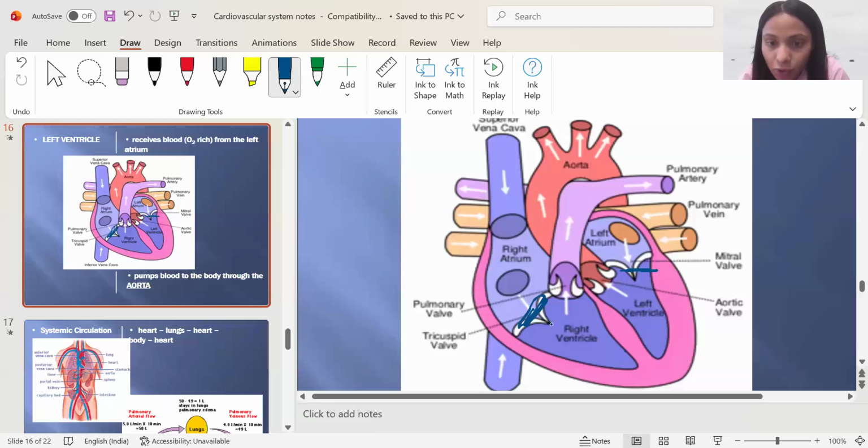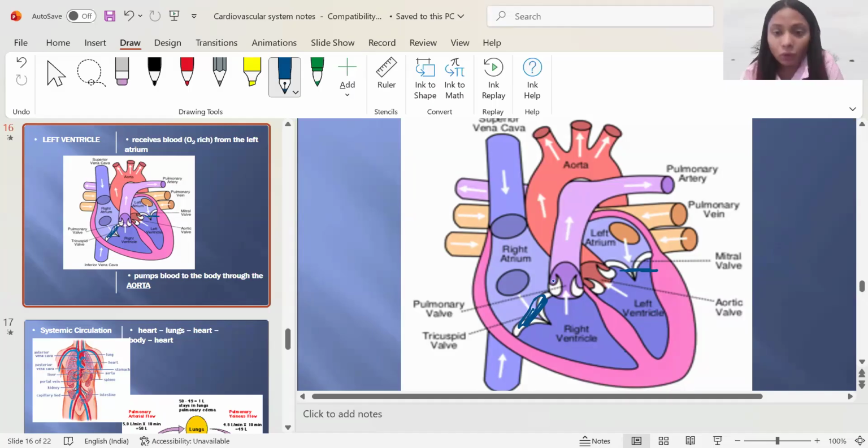That's why your body will close this valve, the tricuspid valve, when your ventricles are contracting, in order to prevent the backflow of blood. When they get closed, there will be a very strong sound. That is known as your S1 sound. Understood?